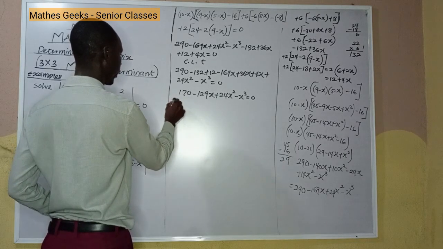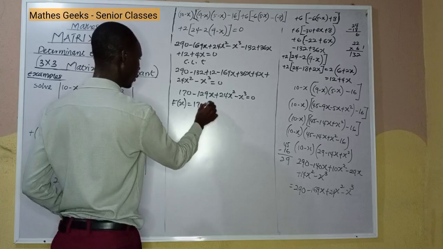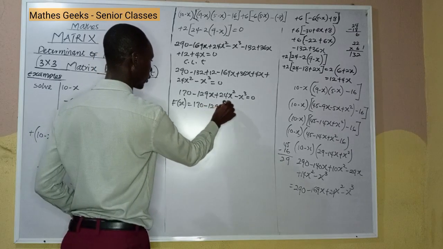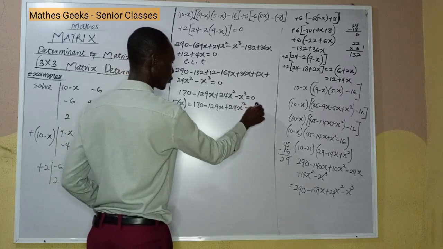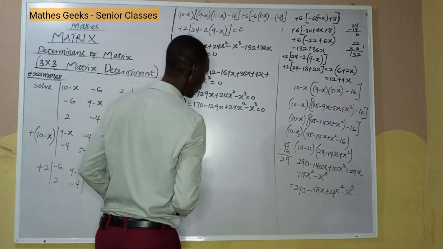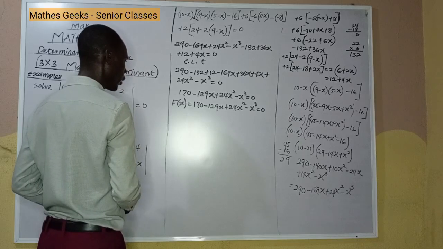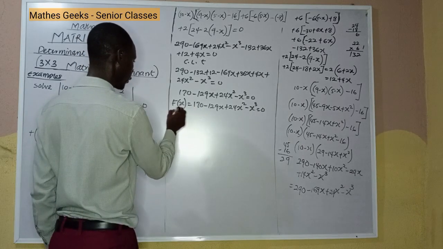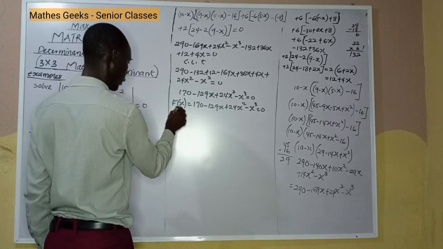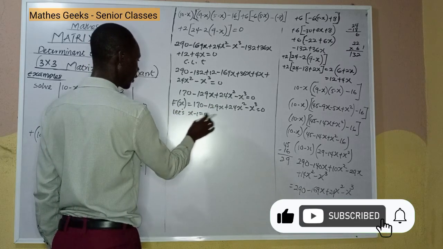So we're going to say f(x) is equal to 170 minus 129x plus 24x squared minus x raised to the power 3 is equal to 0. So let's try x minus 1. Let's try x minus 1 equals to 0.